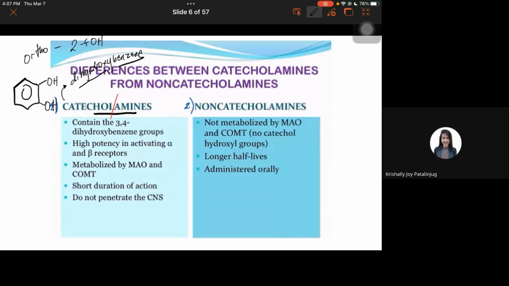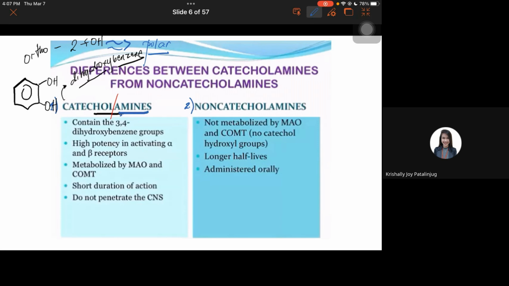Again, based on its structure, since it contains hydroxyl, because of the presence of that hydroxyl, we could tell that the portion is highly polar, the ones with OH. When an electronegative atom is present, that makes it a polar group. So again, catechol is generally polar.